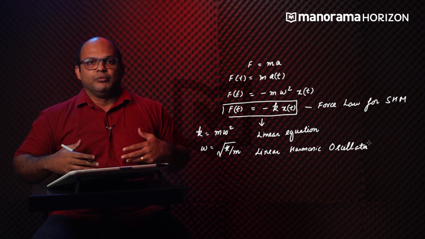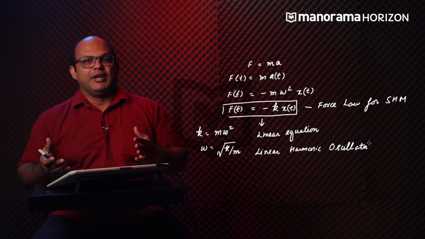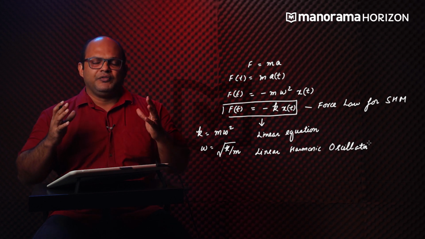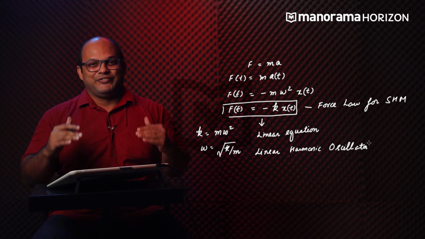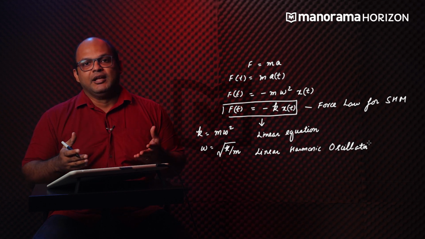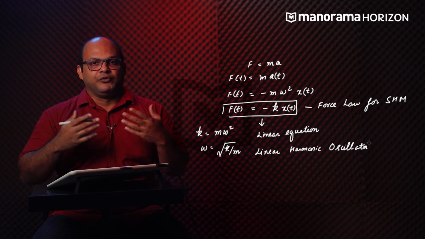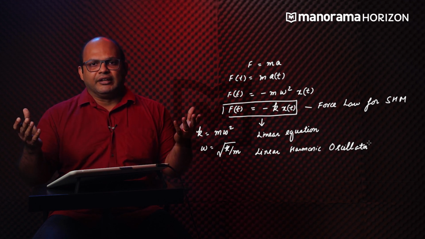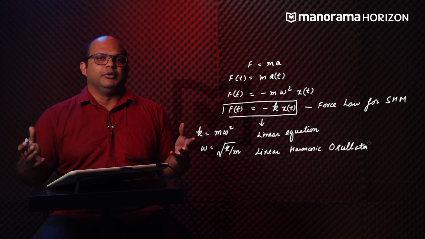Now, if you go more deeply into the analysis, if you take up engineering as a career or advanced physics as a career, you will find there are many examples. In fact, most examples in nature do not follow this equation. Imagine an aircraft wing which is flapping up and down in turbulence.